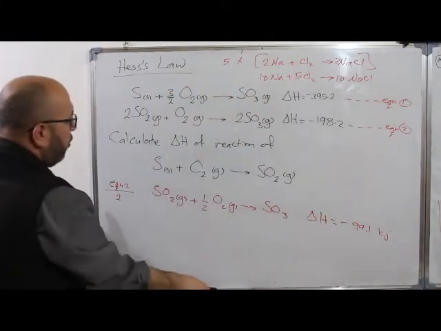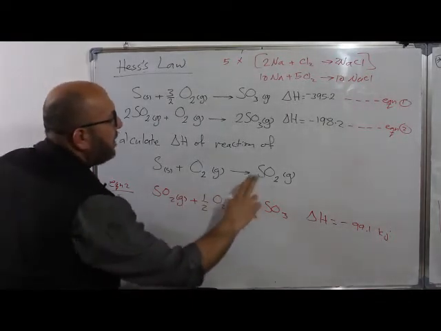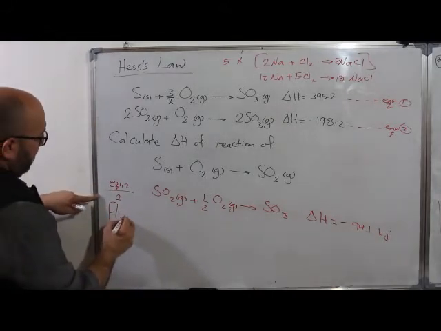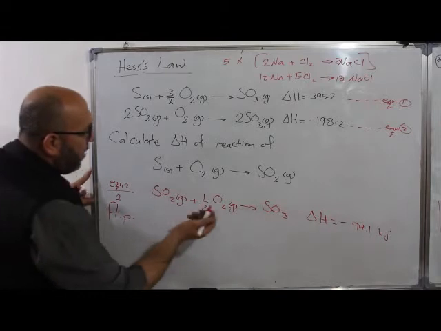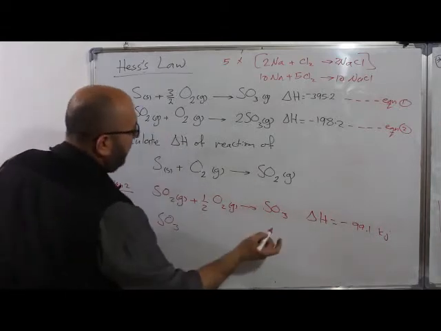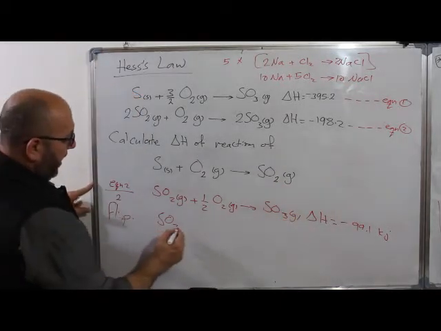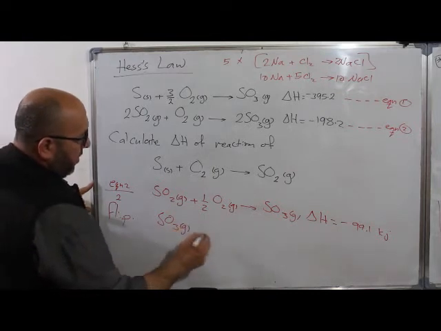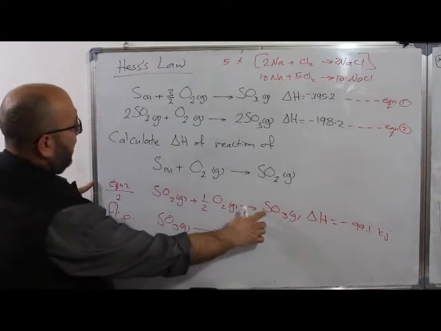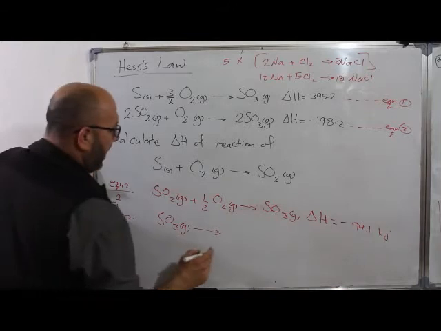First point, we divide it. Is it ready to be used? Actually not. It should be flipped. So flip it. How could we flip it? SO3 as a gaseous state, which was here as a product, turns to reactant here.